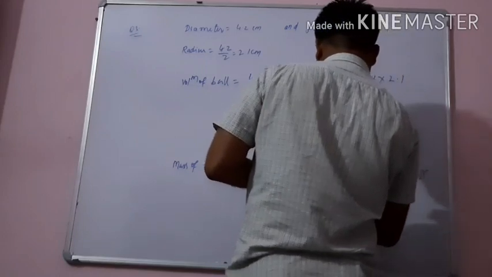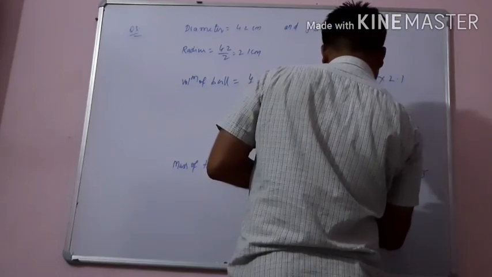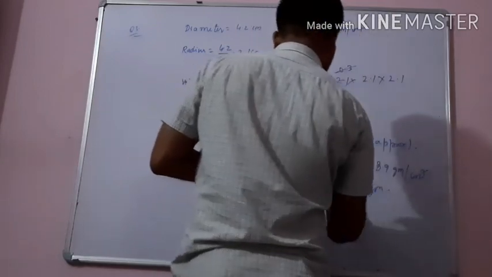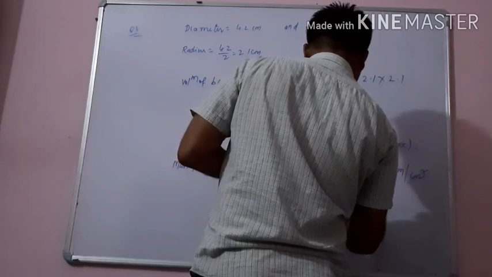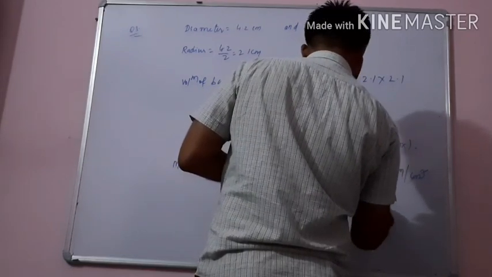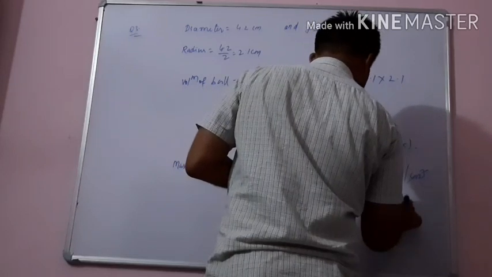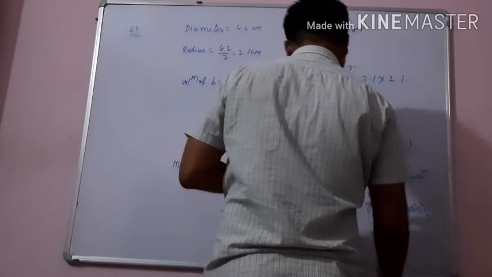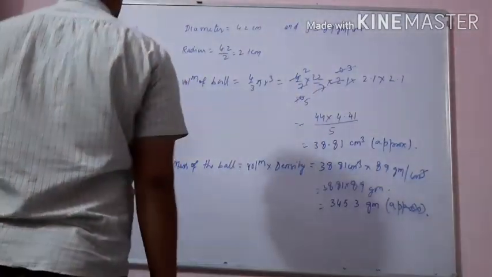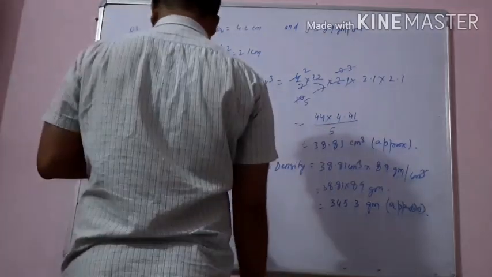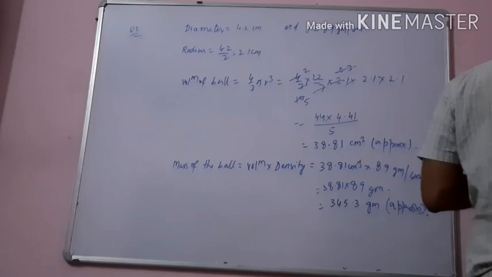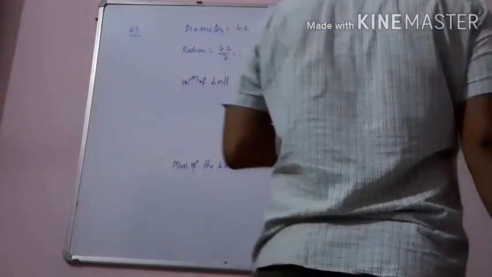Centimeter cube will cancel out. 38.81 multiply 8.9 gram is equal to 345.3 gram approx. So the mass of the ball will be 345.3 gram approx.